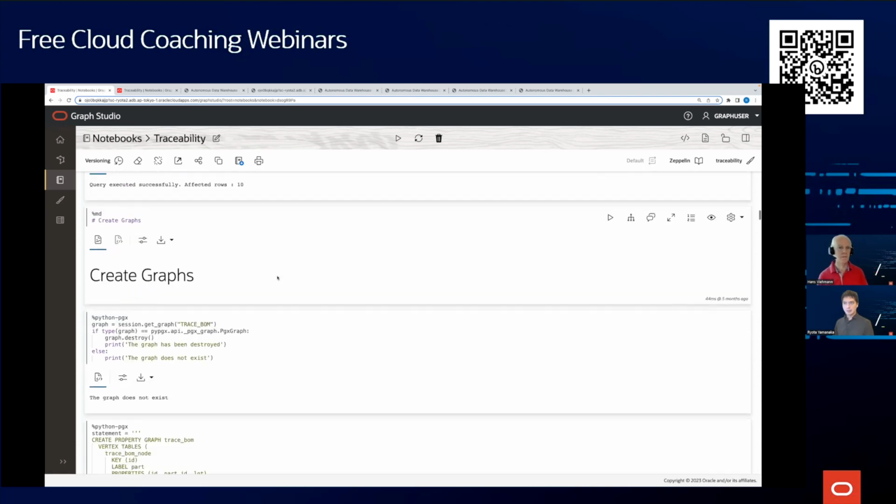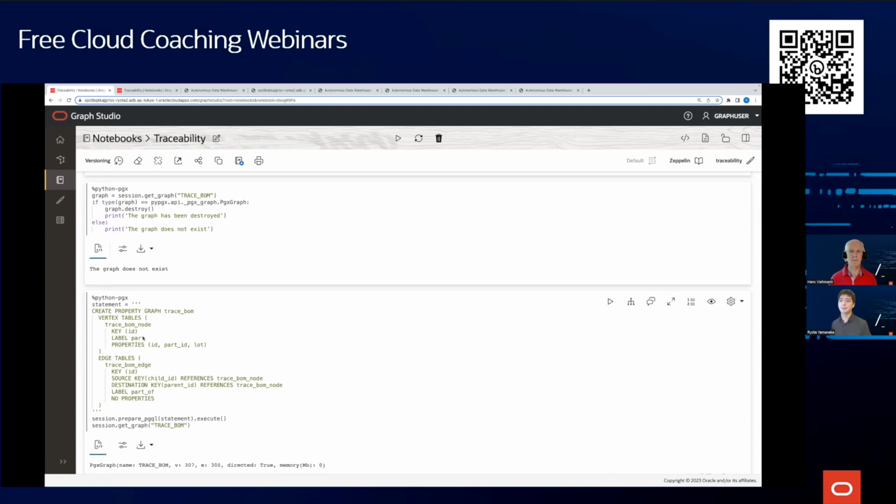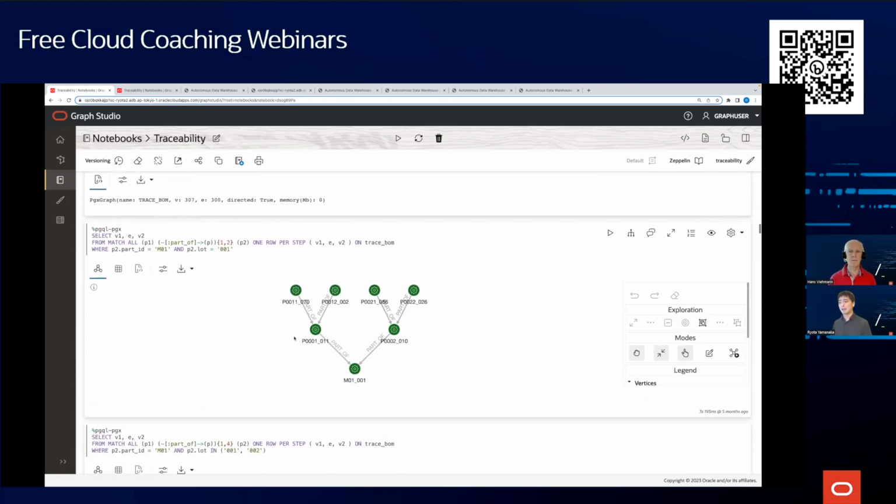Just like the example before, we need to create a graph data first, because in most cases the manufacturing information is stored in relational tables. We need to create a graph from those tables, and this is a graph for a bill of material like this.